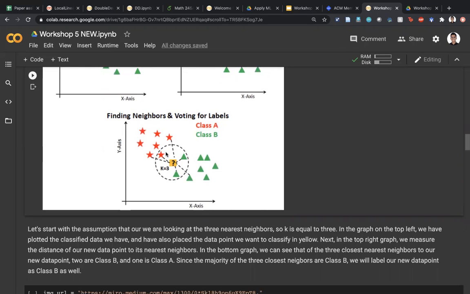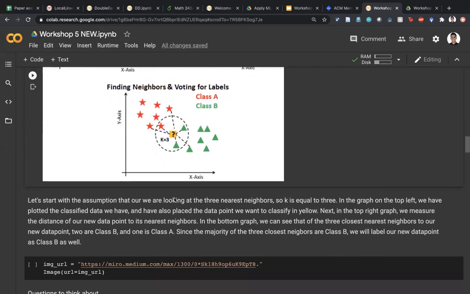It's essentially just taking a vote. If you're closer to this bunch of points, then most likely the new data point should follow the same class as your existing data. Like I mentioned, you're going to classify this yellow point as red because out of its 5 nearest neighbors, 3 are red stars and 2 are green triangles, so it's going to be classified into class A. Note that it depends on how many neighbors you choose.